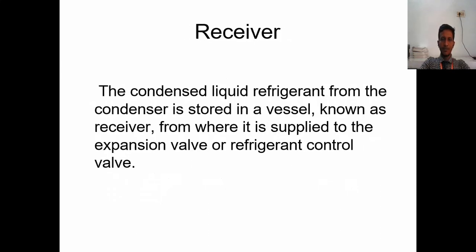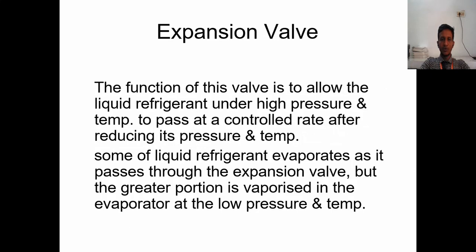The condensed liquid refrigerant from the condenser is stored in a vessel called the receiver or accumulator, from where it is supplied to the expansion valve, the refrigerant control valve.